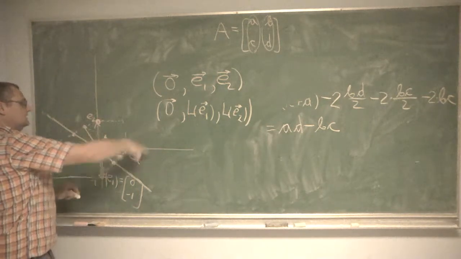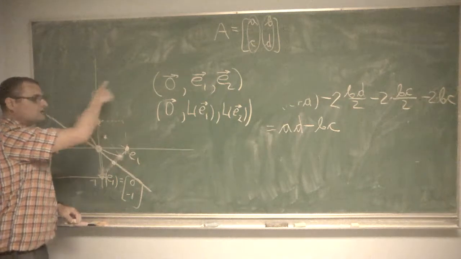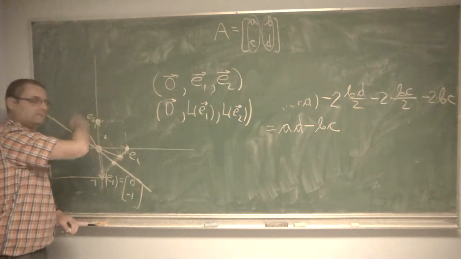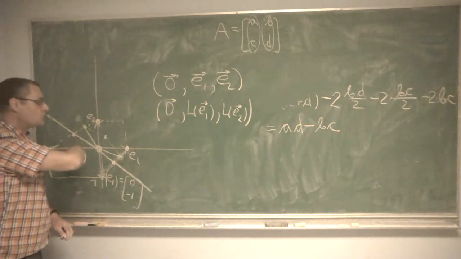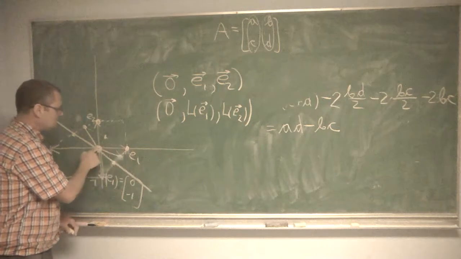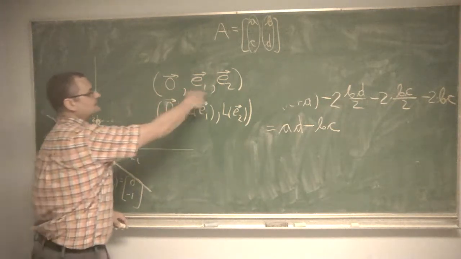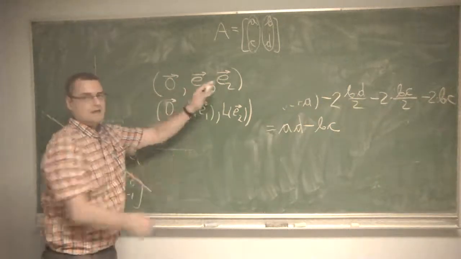So this counterclockwise motion is actually so-called positive orientation. We say that vectors 0, E1, E2 are positively oriented. The order matters, okay?